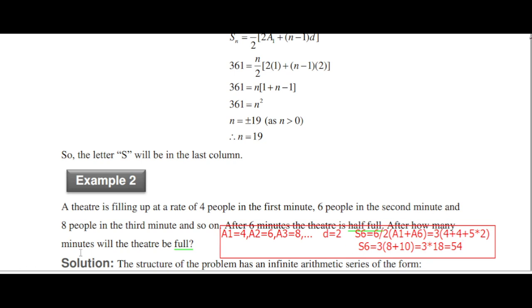After how many minutes will the theater be full? If this is half full, the full theater will be 54 times 2. This is half full.